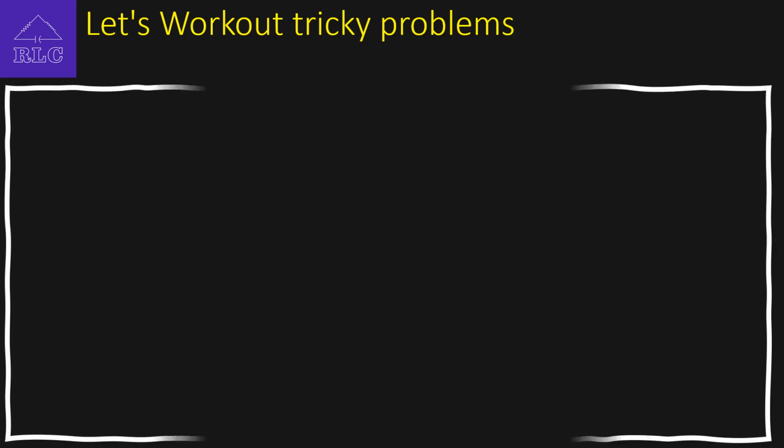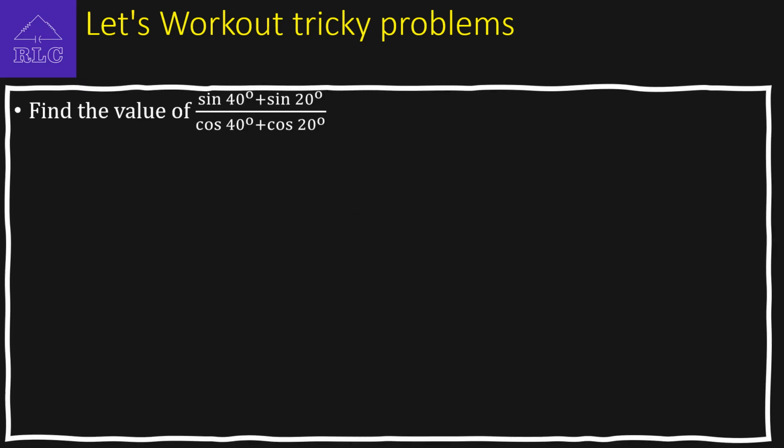So let us work out one more tricky problem on this. Firstly, in the numerator sin plus sin is there, that means 2 sin C cos D, which is nothing but 2 sin 60 degrees divided by 2 cos 40 minus 20, that means 20 degrees by 2.